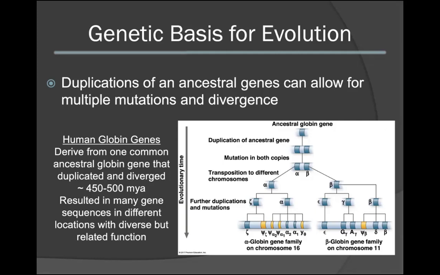This has now resulted in many gene sequences in different locations within the genome with diverse but related functions. The diagram to the right demonstrates the duplication of an ancestral globin gene. This then led to the alpha and beta globin gene families on different chromosomes. Many of these genes are involved in binding or transporting oxygen within organisms.